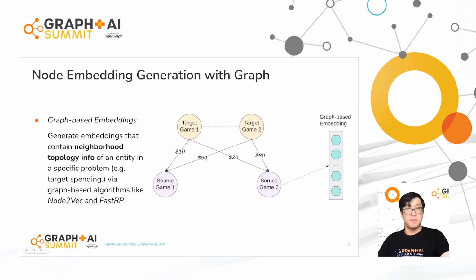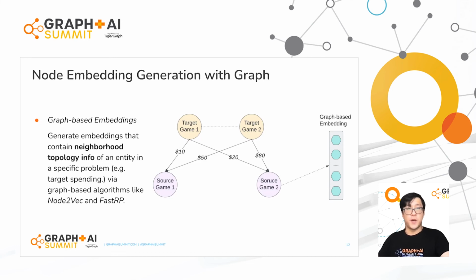Okay, and besides these techniques, we're also trying to use graph-based approaches to generate node embeddings in the game advertising network. As we can see, there are many ways to create embeddings. Previously, we were using non-graph-based approaches until we realized that everything in this game advertising network is connected with each other.